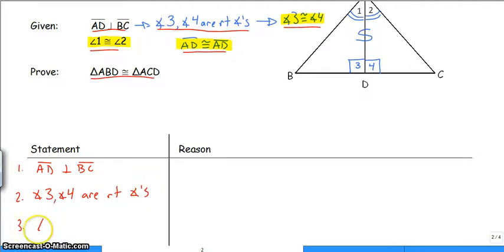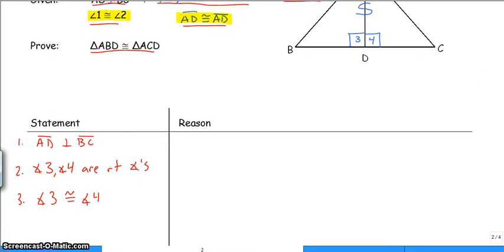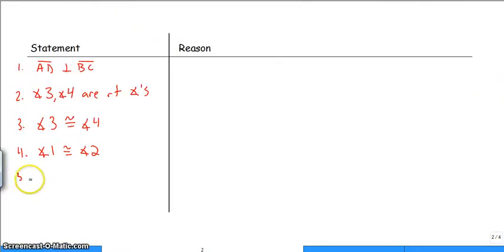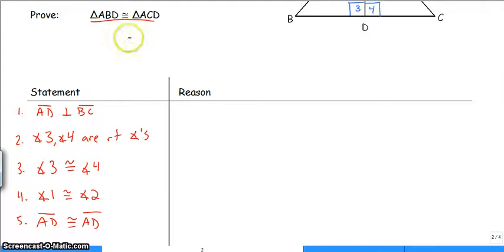Your third statement would be that angle 3 is congruent to angle 4. Your fourth statement would be that angle 1 is congruent to angle 2. Your fifth statement would be that segment AD is congruent to segment AD. And your sixth statement, now that you have your 3 congruent statements, you have enough to prove your triangles are congruent. That's your final statement here. So 6 would be triangle ABD congruent to triangle ACD.